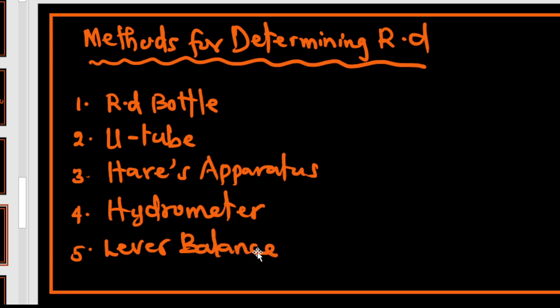So these are the various methods used for determining the RD of a substance, and the fastest to use is the hydrometer. So hydrometer is used for determining the relative density of a liquid. Most of the time we use it for liquids.